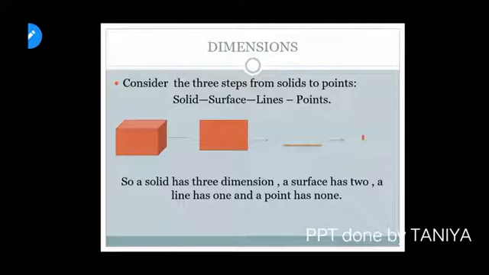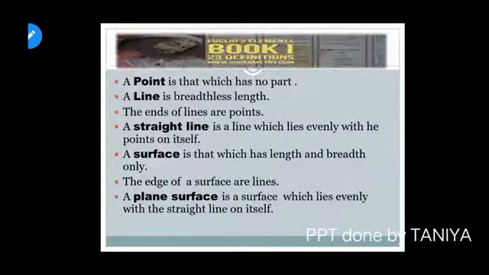Like when we consider the shapes like a cuboid or a solid or a surface, line, a point. When we consider a solid, it has three dimensions. A surface has two dimensions. A line has one dimension and a point has none.